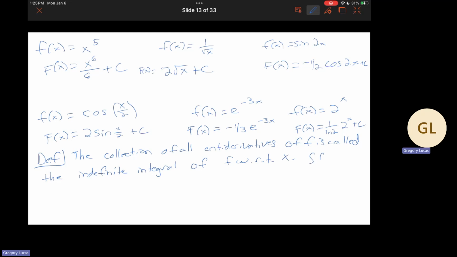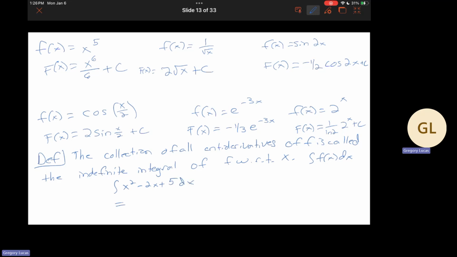We write it as the integral of f of x dx. So we want to integrate something like x squared minus 2x plus 5 dx.